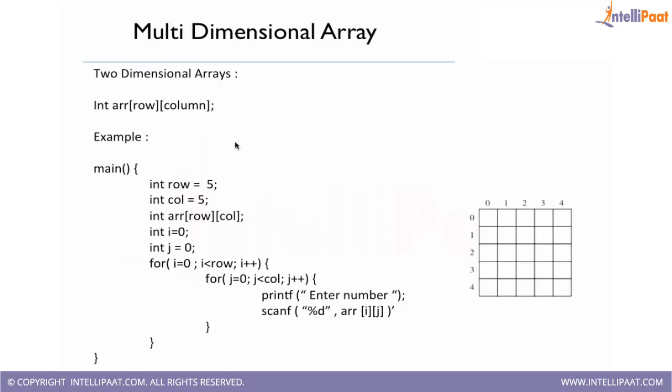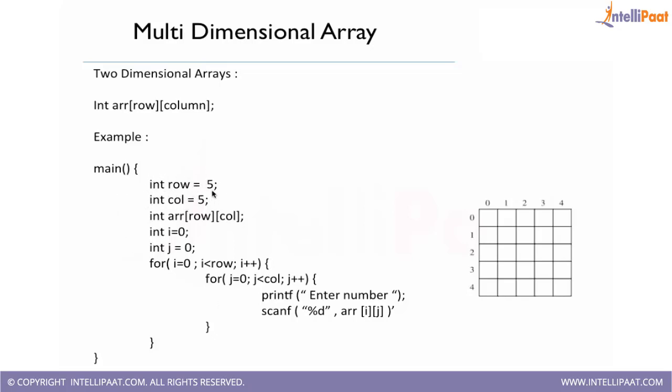So how to use a multi-dimensional array? We are covering the 2-dimensional array here. In this program, this is how we can declare a 2-dimensional array. It's like integer, the data type, then the array, and then we have to declare how many rows we want and how many columns we want. So for example, I am writing this main function.